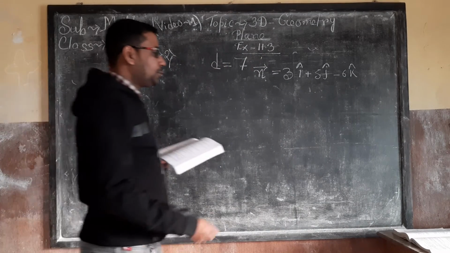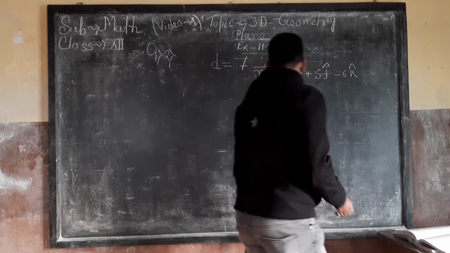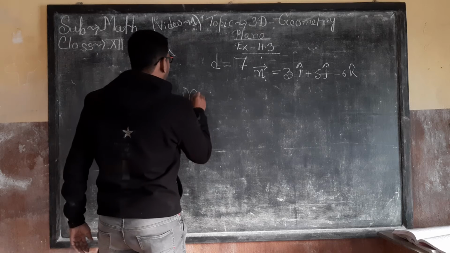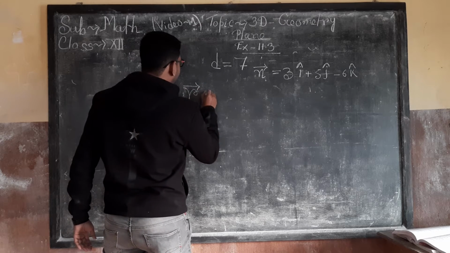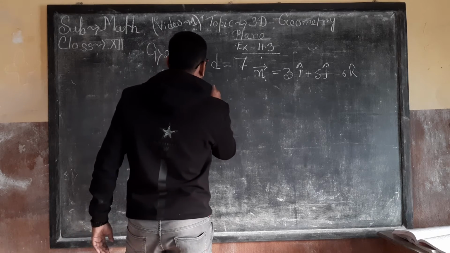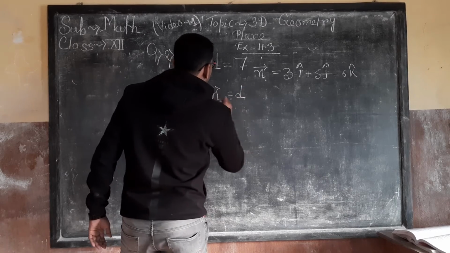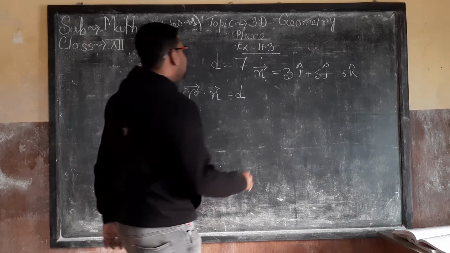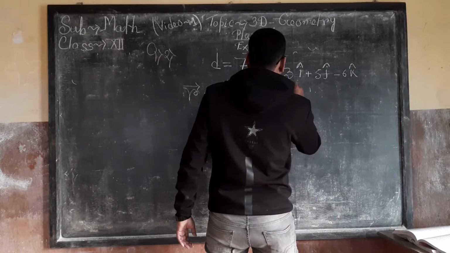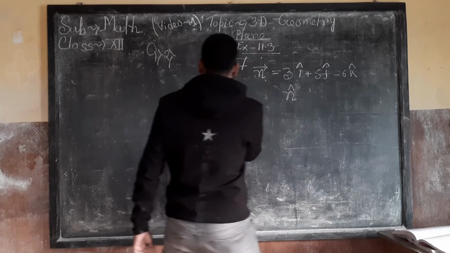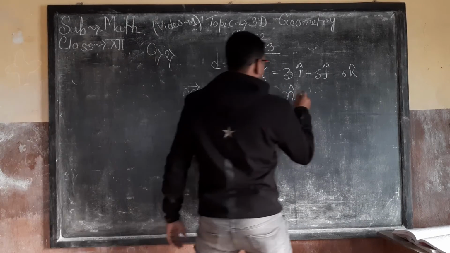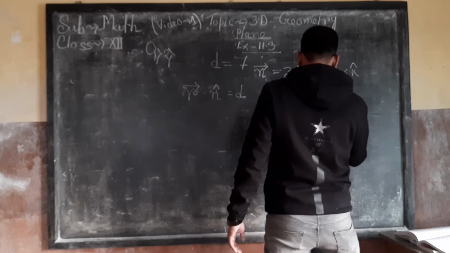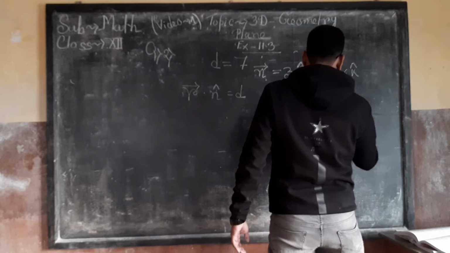Okay, so this is the normal vector, and what is the value? The r vector dot n vector is equal to d, and this time this n is a unit vector of this normal. So this n cap is nothing but n vector by mod of n vector.